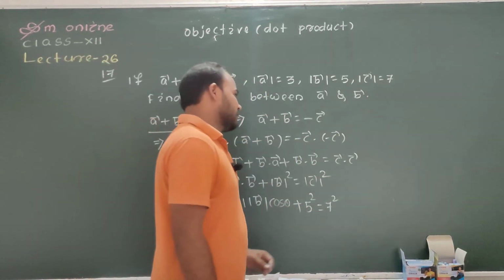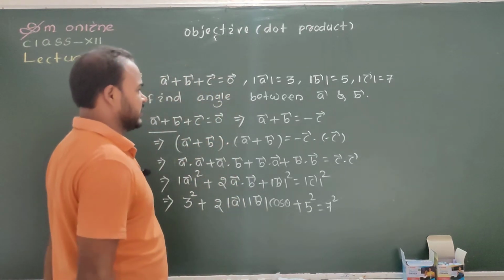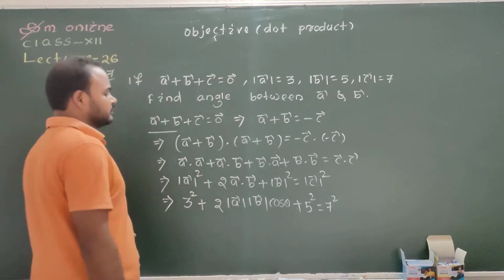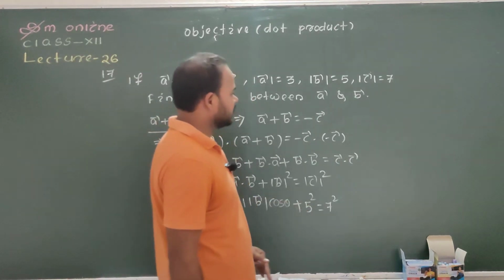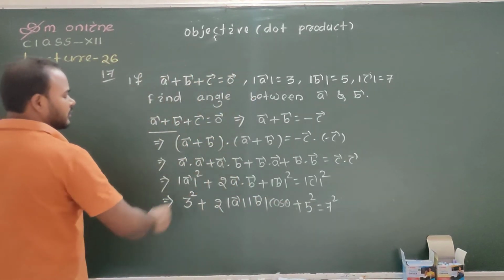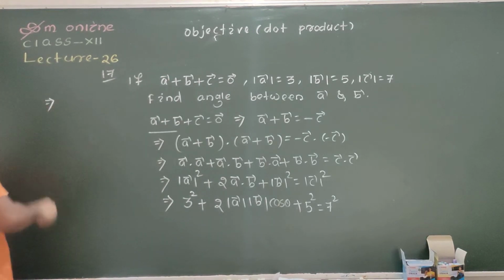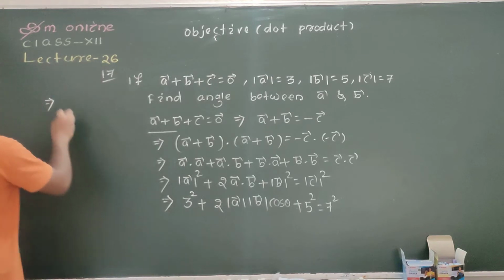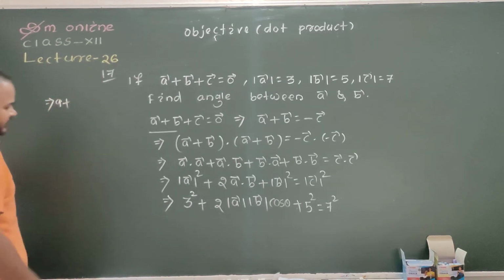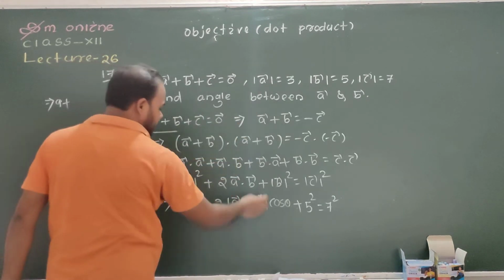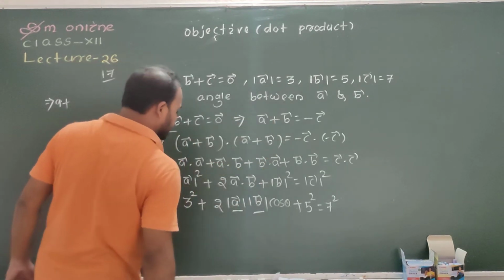Magnitude of vector C equal to 7 square. Now we get it equal to what? That is 9 plus, magnitude of A equal to 3, magnitude of B equal to 5.